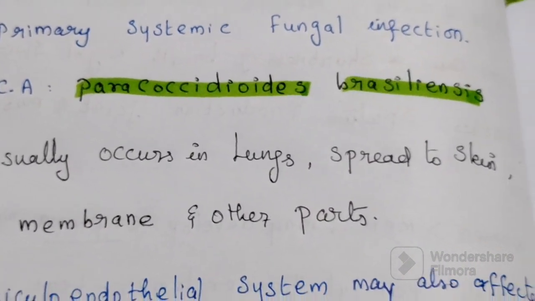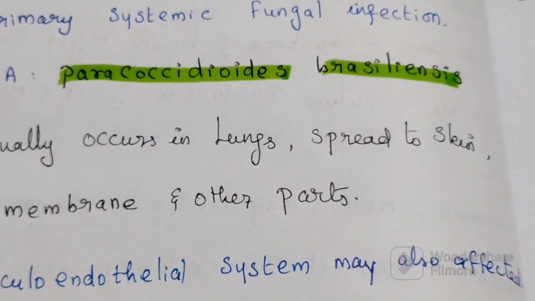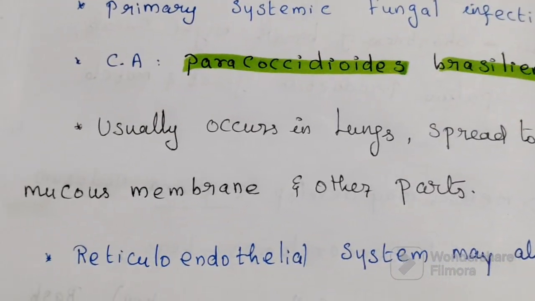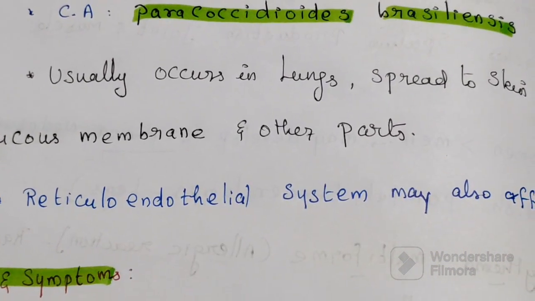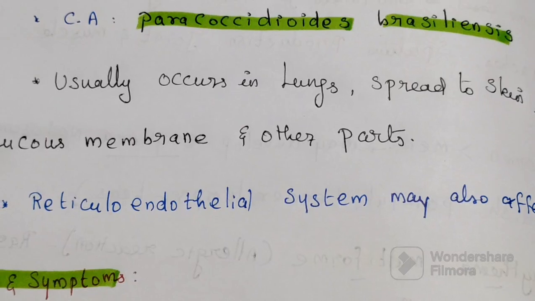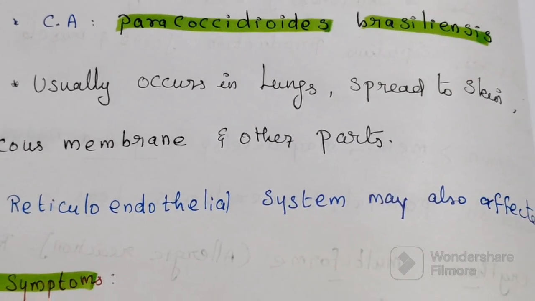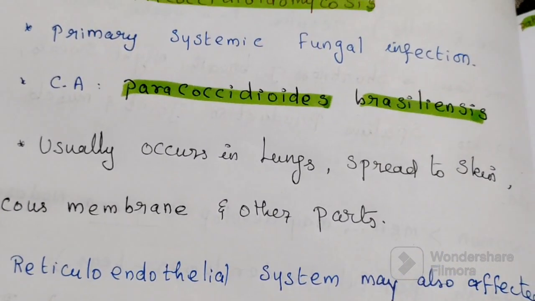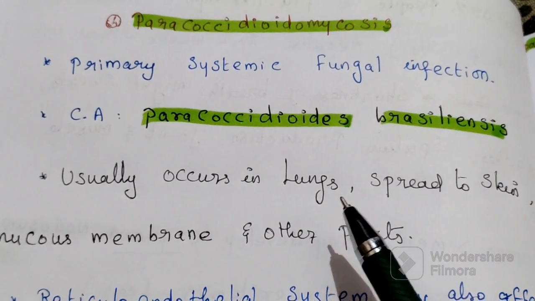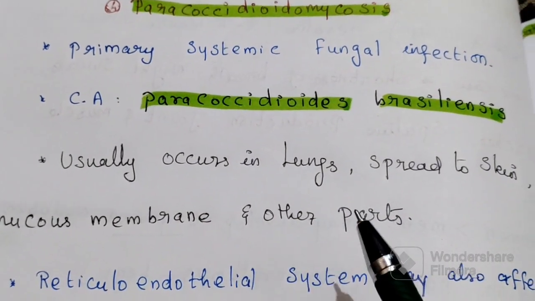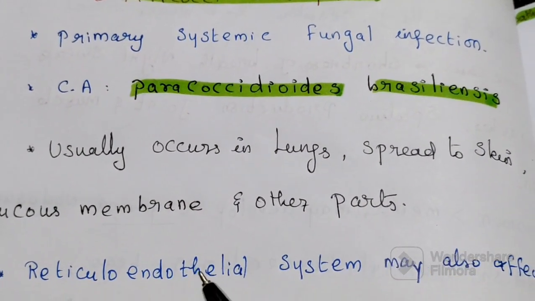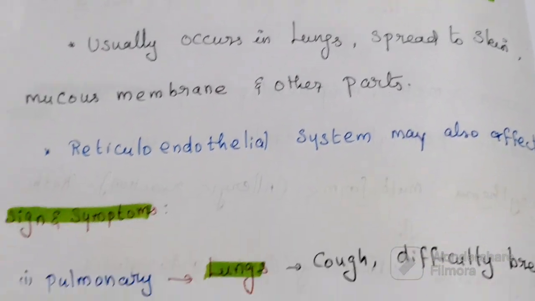It mainly causes infection in the lungs. After that it spreads to skin, mucous membrane and other body parts. The reticuloendothelial system may also be affected.